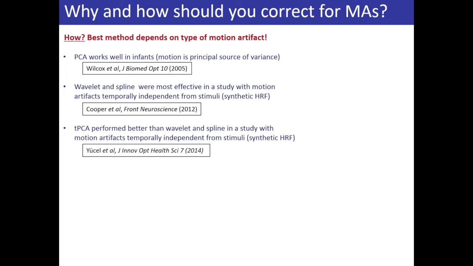And I mentioned this, but in our TPCA study, we also compared, of course, our method with different types of methods in the literature. Again, this is a conventional way of how you can compare. You add a synthetic HRF, you correct with TPCA, you correct with wavelet, you correct with spline or different methods, and then you estimate the HRF and you look at the estimated HRF versus the true HRF, because you know the true HRF.